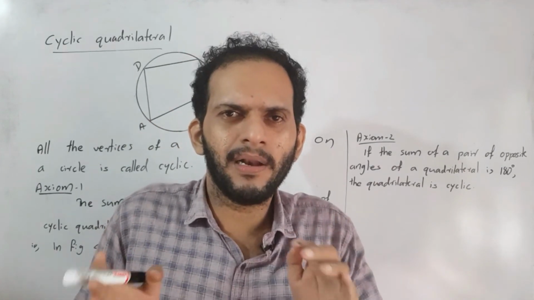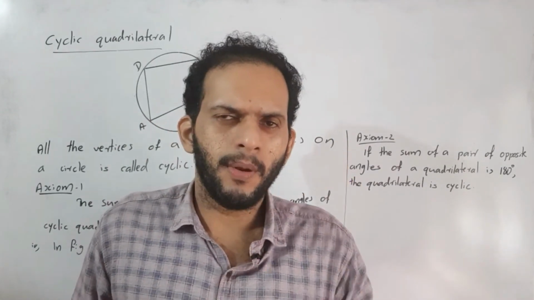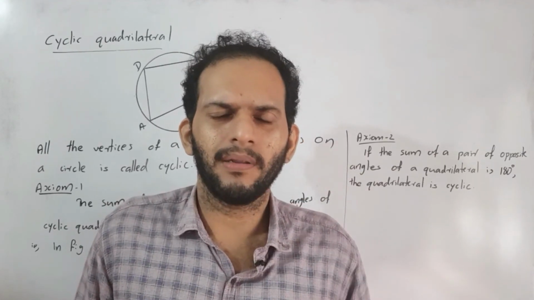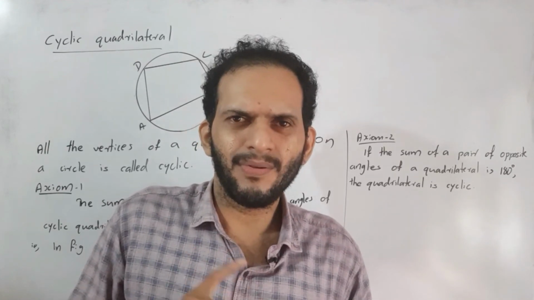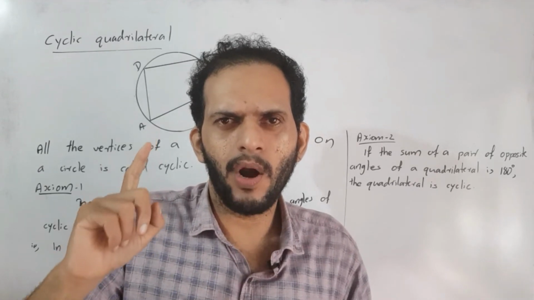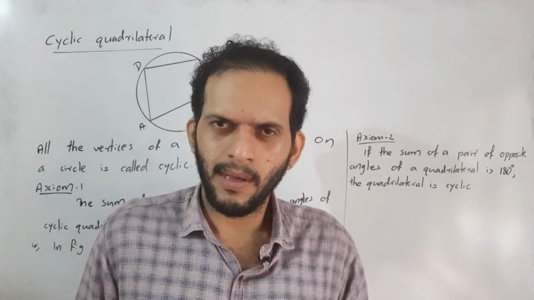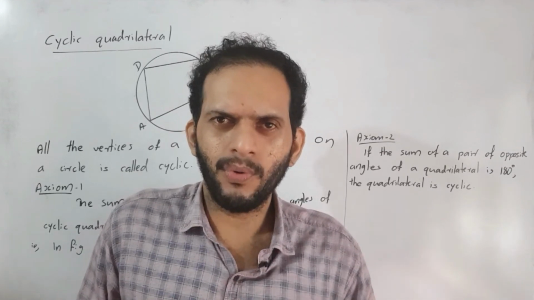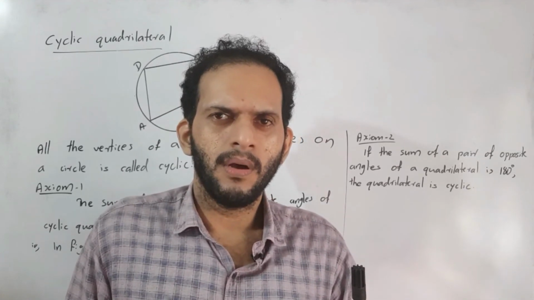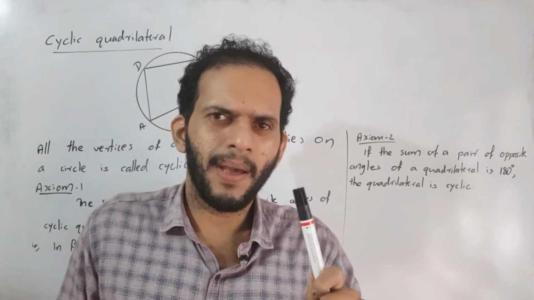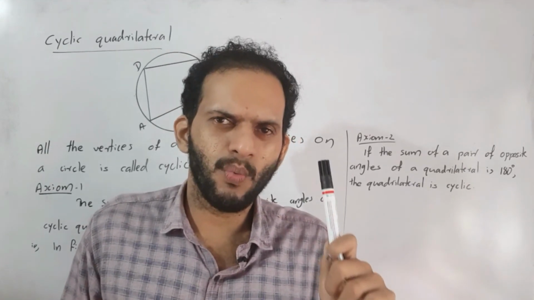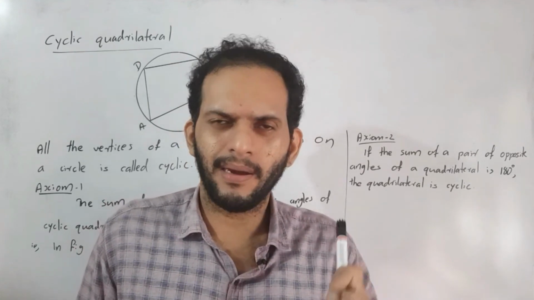If the sum of one pair of opposite angles of a quadrilateral is 180 degrees, then the quadrilateral will be cyclic. This axiom or this idea we follow in the case where we want to prove the quadrilateral is cyclic. In every case where we need to prove that a quadrilateral is cyclic, this is the result we prove: if the sum of a pair of opposite angles is 180 degrees, then the quadrilateral is cyclic.